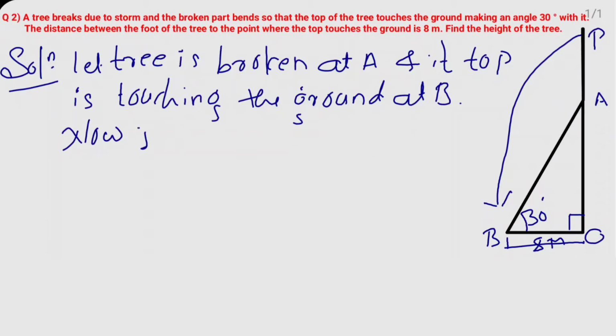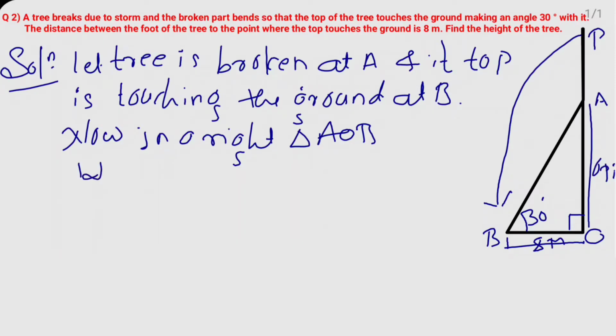So in right triangle AOB, the given angle B is 30 degrees. When we consider 30 degrees, OB becomes the adjacent side and AO becomes the opposite, right?